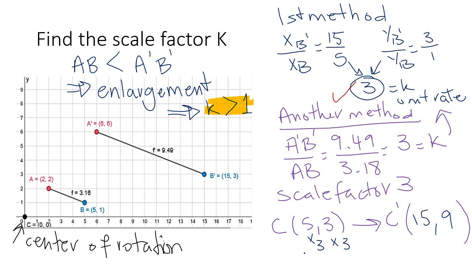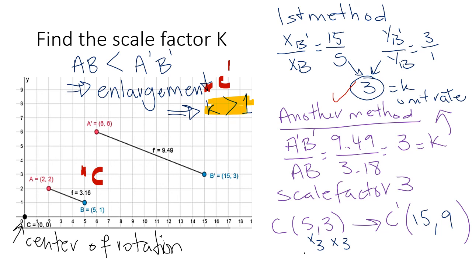So if I have (5, 3), this is my C. It will go to (15, 9). So (15, 9), oops, it's over my drawing. This is C prime. So this is how it goes.